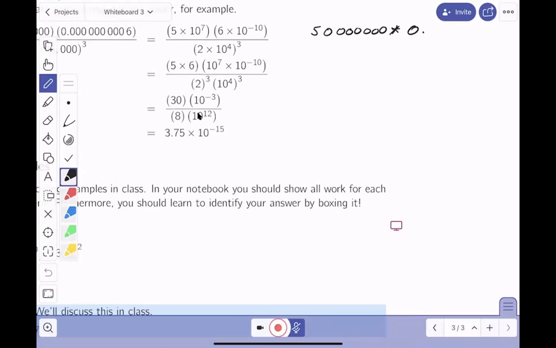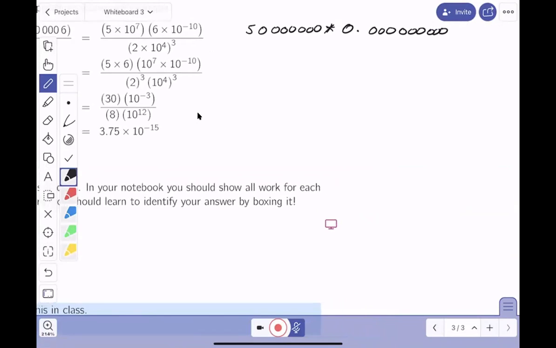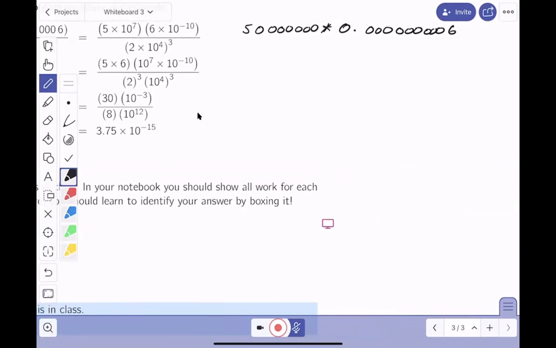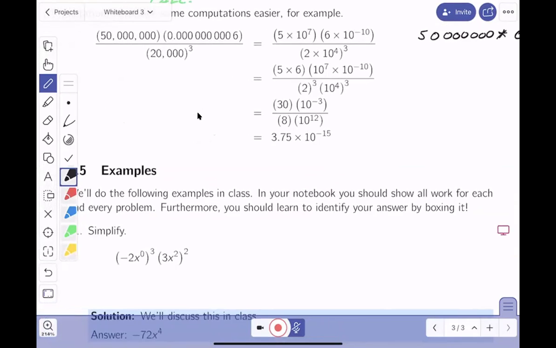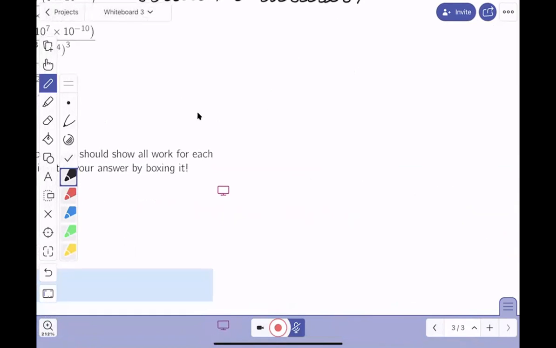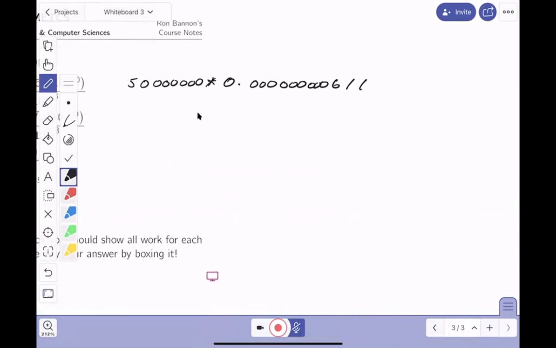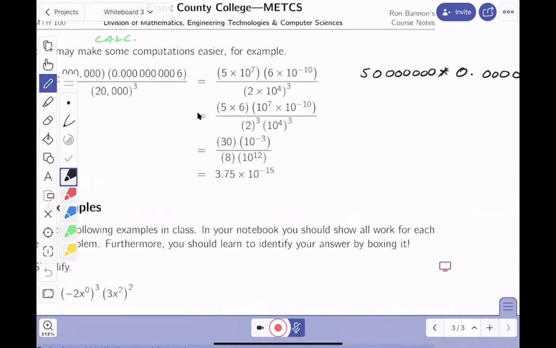Then I type in 0.000, 000, 000, 000, 6. And then I would divide. That's the symbol of division on a calculator. That 20,000 cubed. I can definitely type that in.